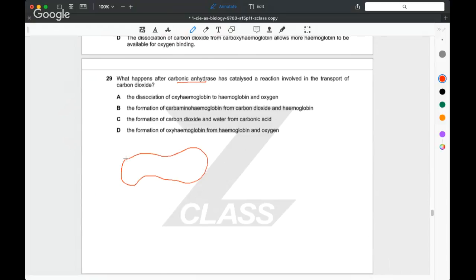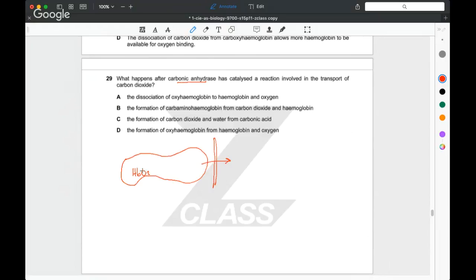What the examiner is trying to get you to work on here is that the red blood cell has come from the lungs, and the hemoglobin is carrying oxygen, and that's coming through the capillary. And of course, what you want to happen is that the oxygen is released from the red blood cell. It has to somehow be released from its binding to hemoglobin into the cell where it can be used for respiration.